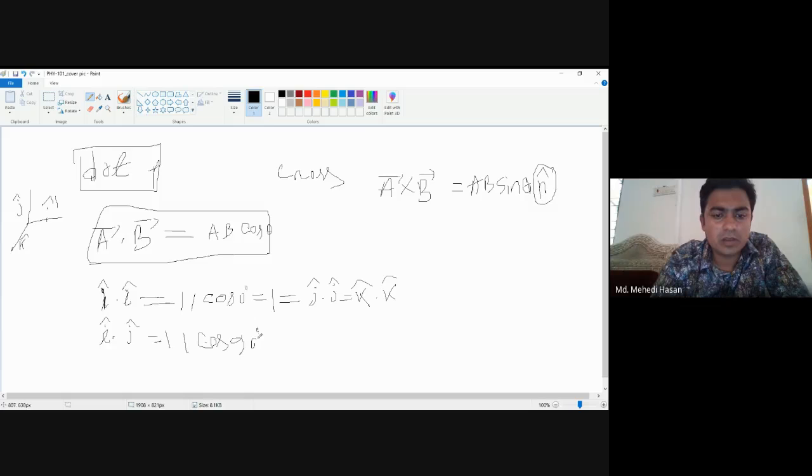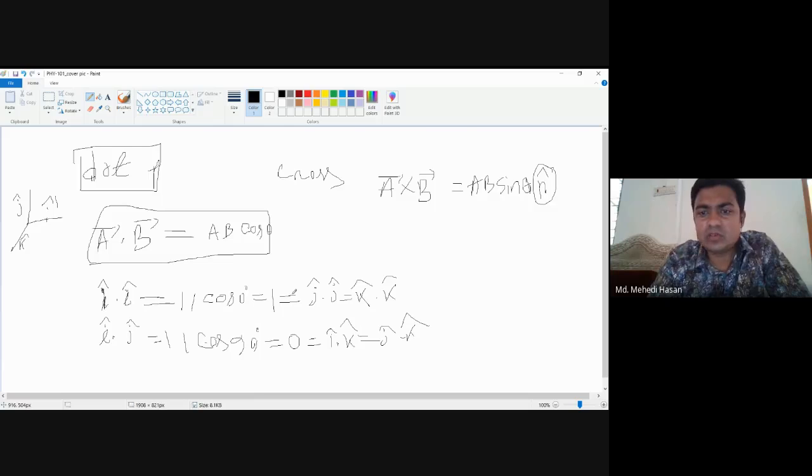Cos 90 degrees is 0. So in case of different unit vectors, i dot j, i dot k, or j dot k, the result is 0.